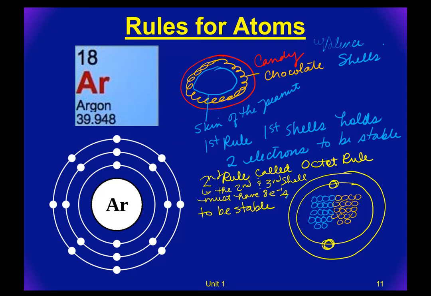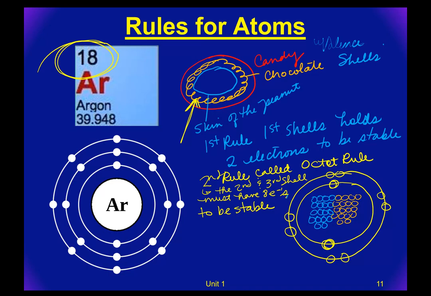Now, the second shell is going to be the chocolate up here in my M&M. So we've got 1, 2, 3, 4, 5, 6, 7, 8. Now, if we count everything, we've got 8 in this outer one, 9, 10. We only have 10 electrons. Does that equal our 18 up here?